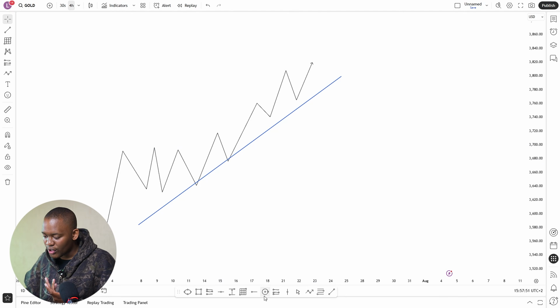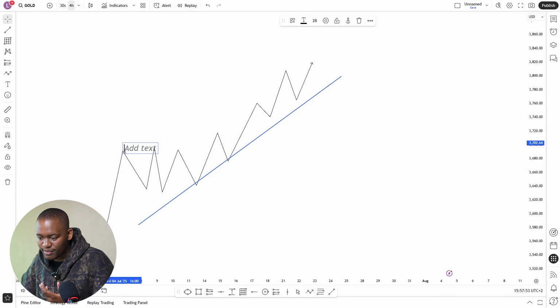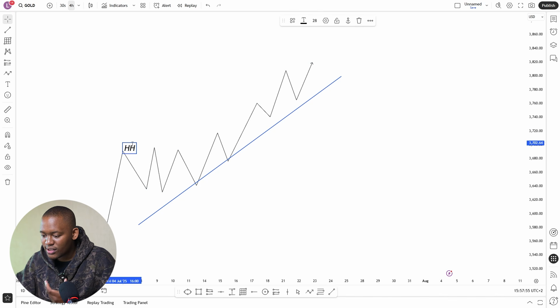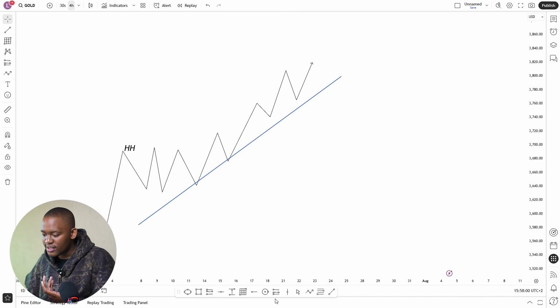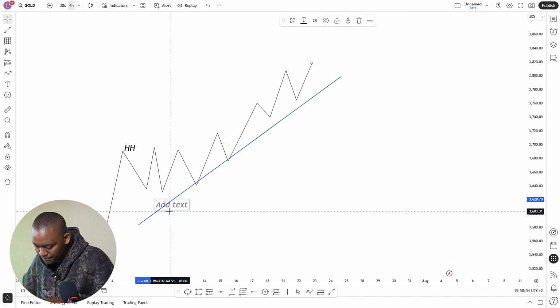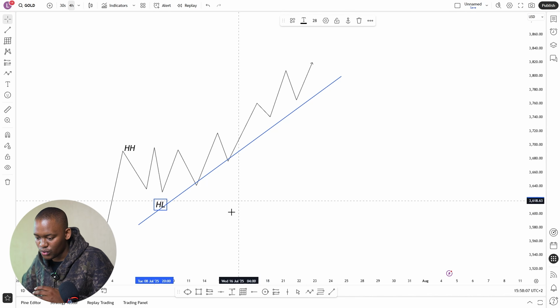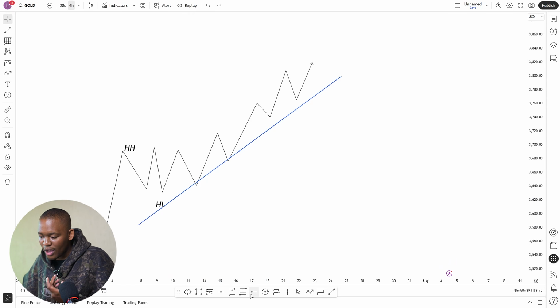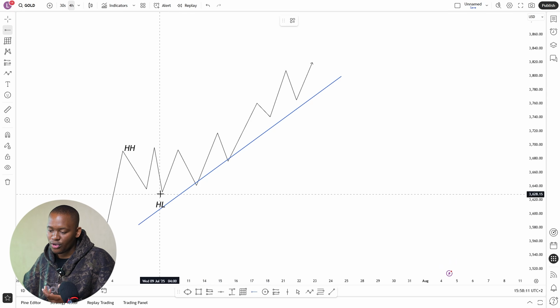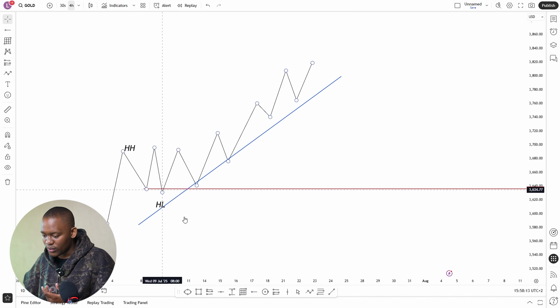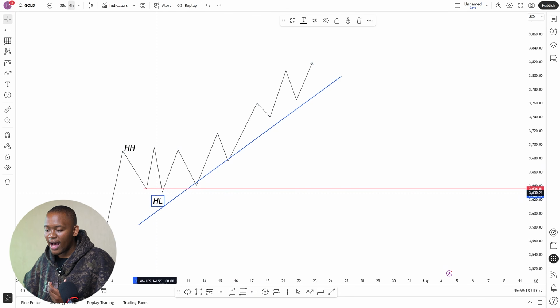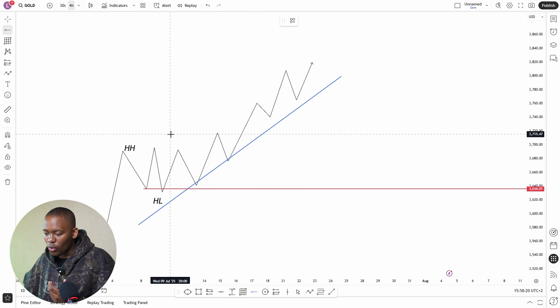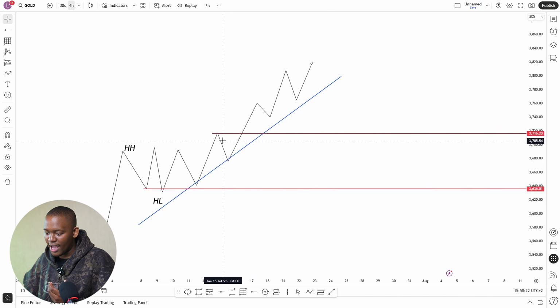For example, if I use my text box over here, I usually tell people to identify higher highs in the market, and to identify higher lows. Let's do this. You can also use your horizontal ray to identify those higher highs and higher lows in the market. As you can see, we have a higher low, and over here we have a higher high.